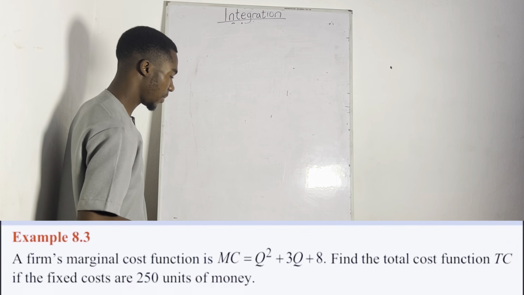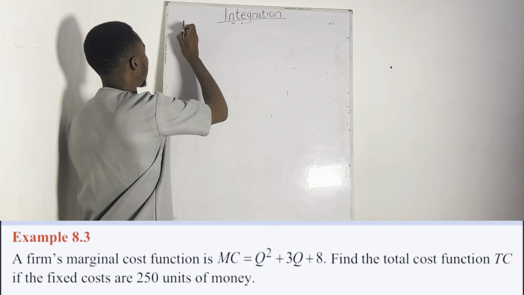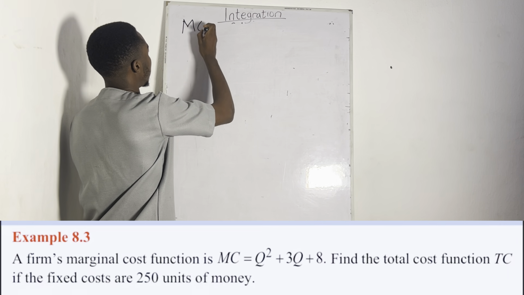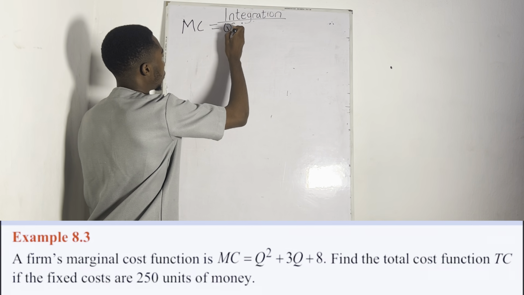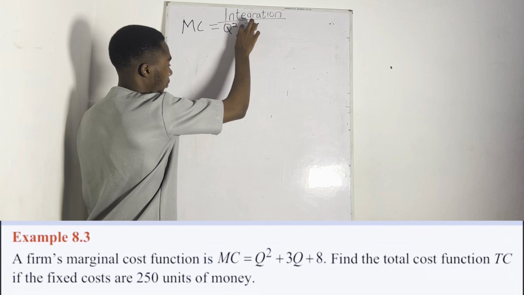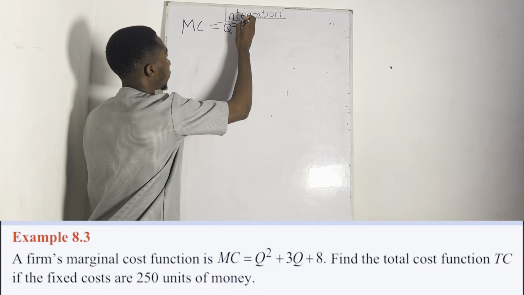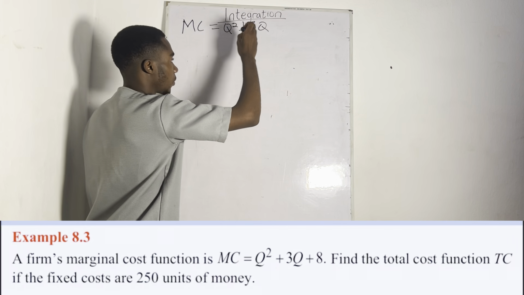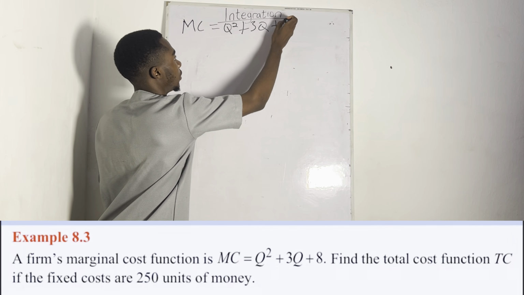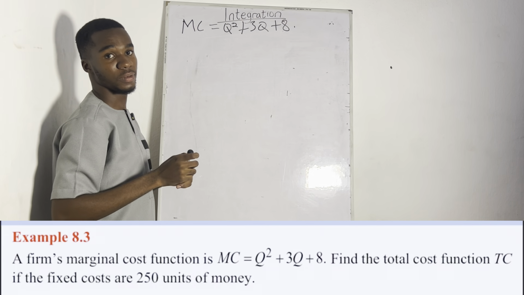So you've been given the marginal cost function: MC is equal to Q squared plus 3Q plus 8.